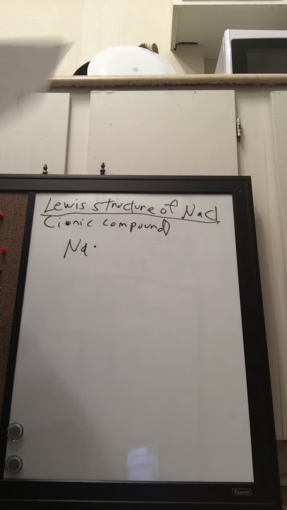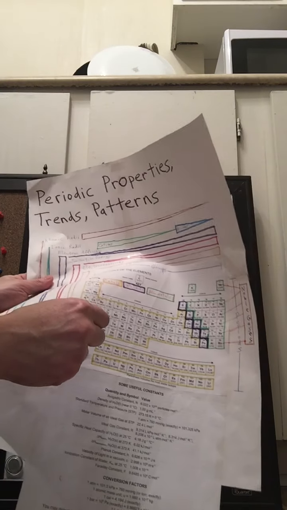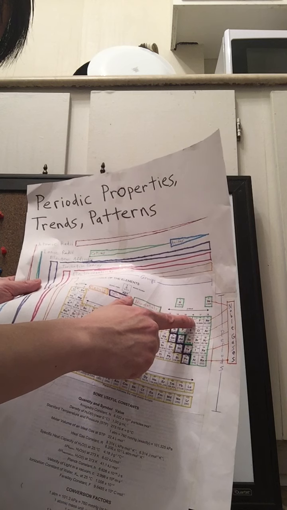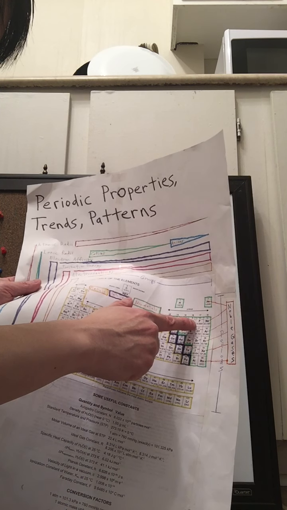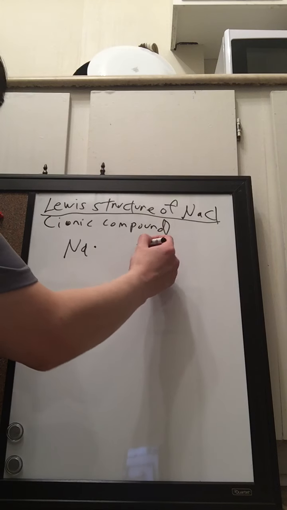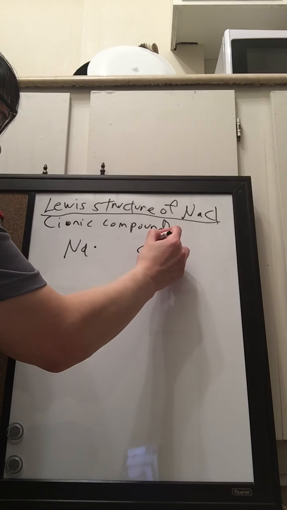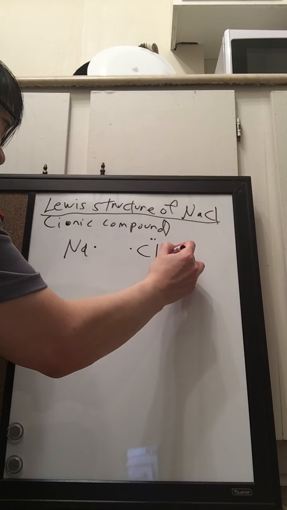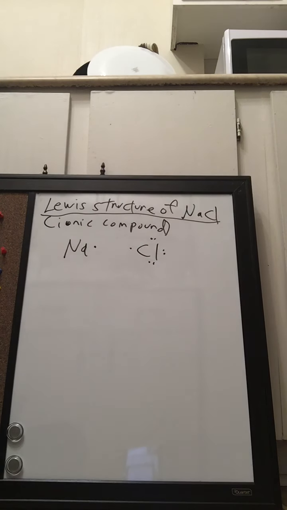Now, if we look at the periodic table and we look at chlorine, chlorine is in group 17, so chlorine has seven valence electrons. 1, 2, 3, 4, 5, 6, 7.